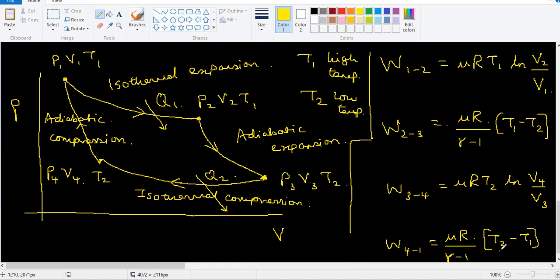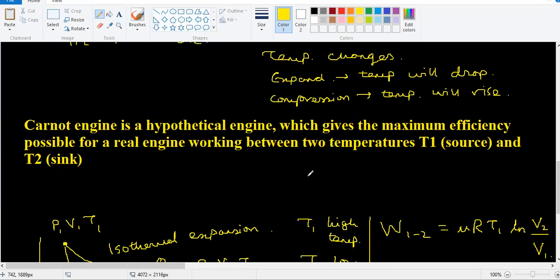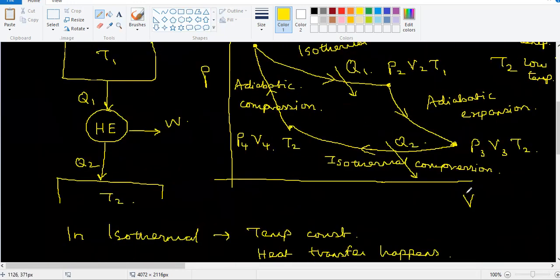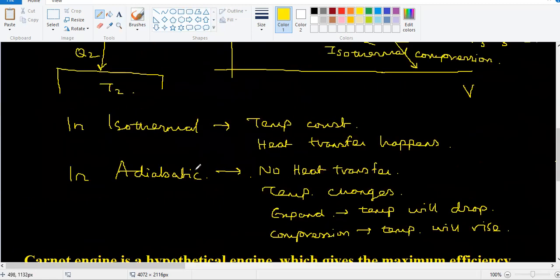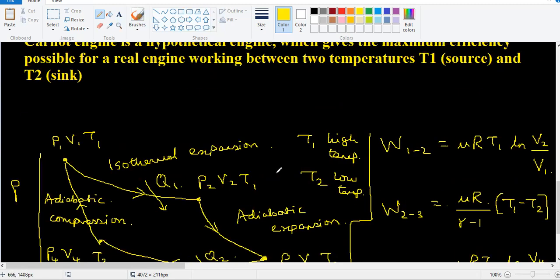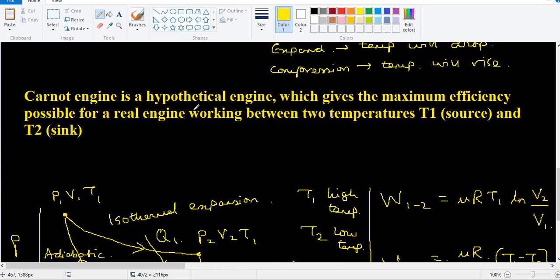Any questions? The first thing in Carnot engine is understanding this construction. The second thing is understanding this graph and understanding isothermal and adiabatic. What is happening in isothermal, what is happening in adiabatic. And then you have to understand what is Carnot engine, why is it there? It's a hypothetical engine, so it's not a real engine.